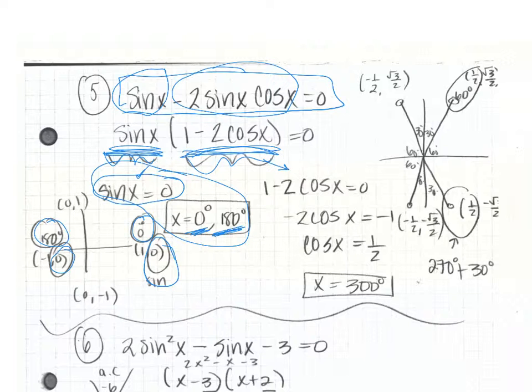Now, if we look at the other side, once we isolate cos x, we ask ourselves where on the unit circle is cos, or the left-hand side of the ordered pair, going to be positive 1/2. Well, in the first quadrant, cos is positive 1/2 at 60 degrees.